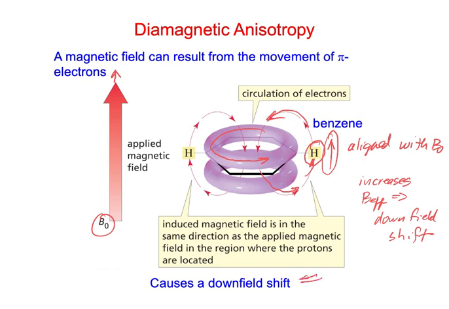So this is an argument why benzene would have such a farther downfield signal.